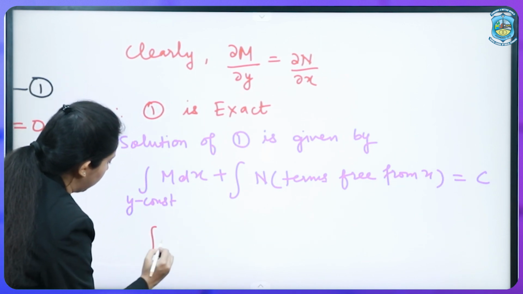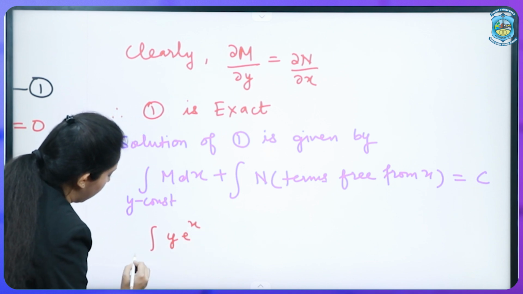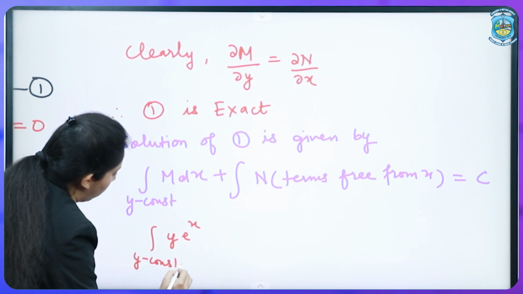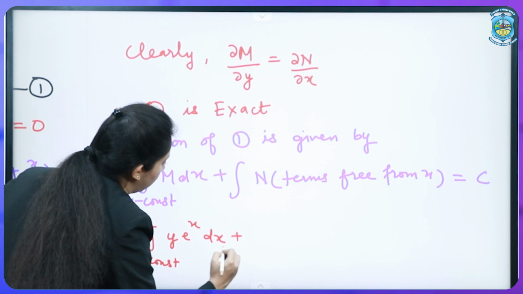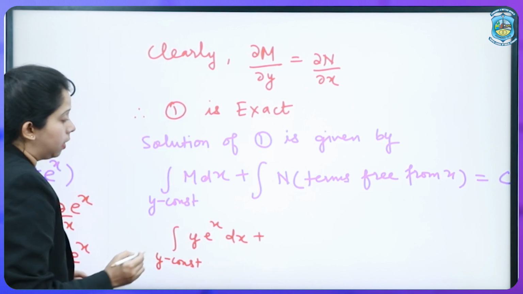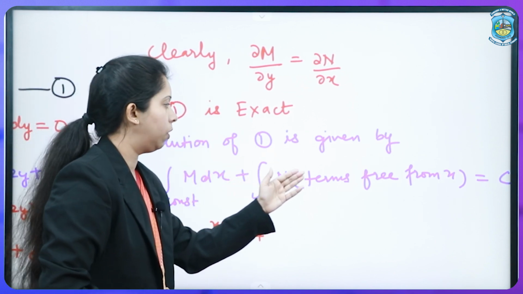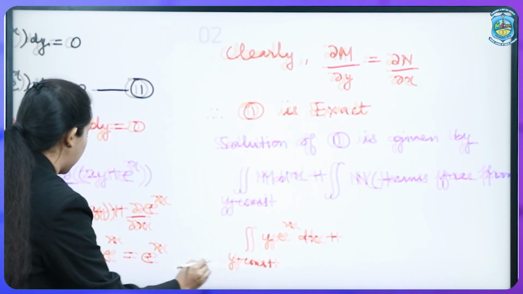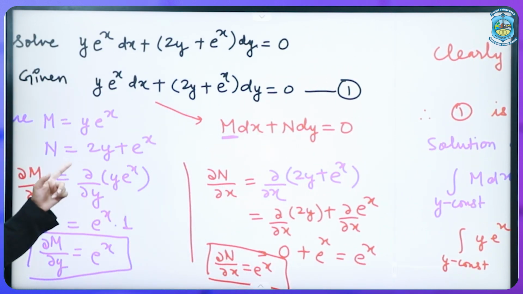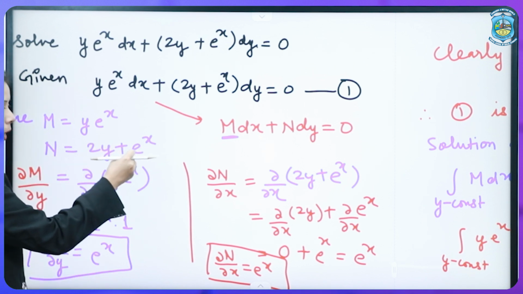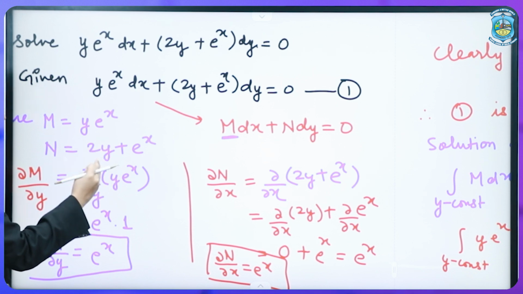The value of M is y e^x and we have to treat y as constant while integrating it with respect to x, plus now we will consider only those terms of N which are free from x. So here N is 2y plus e^x. Out of these two terms we will consider only the term which is free from x.